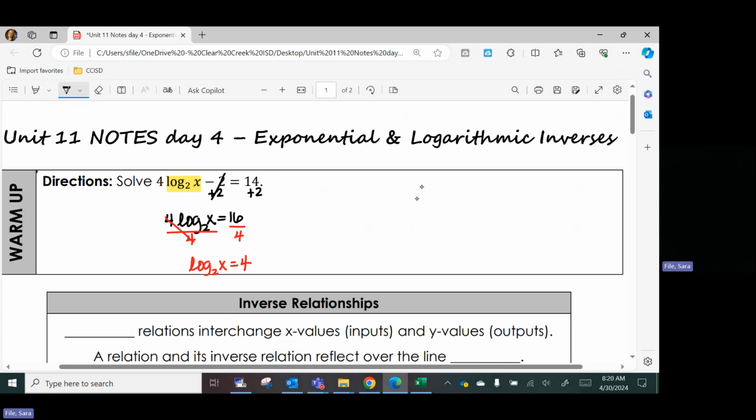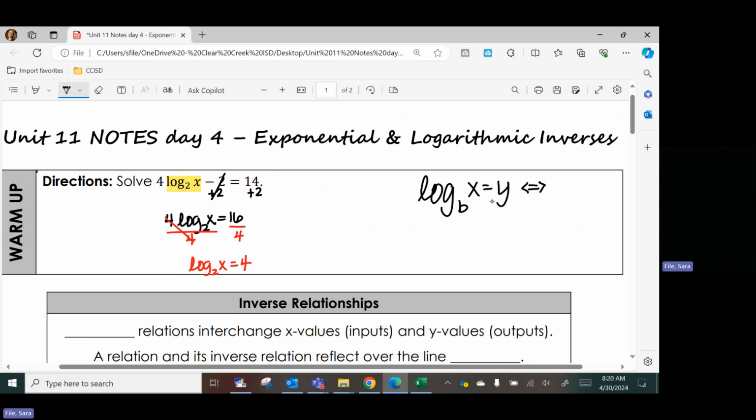So remember, and you can write this at the top of your notes again or over here as reference. Okay, what you need to remember, it's in our other notes, but we'll put it on these as well. When you have your log, okay, let's say it's this format, or you don't have to use Y, you can use A, it doesn't matter what these letters are. Okay, you want to rewrite that into exponential form, and I'm putting an arrow on both sides here because this goes from log to exponential, but you can also go from exponential to log.